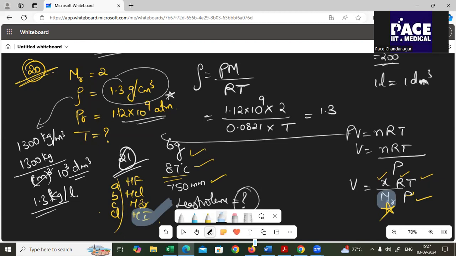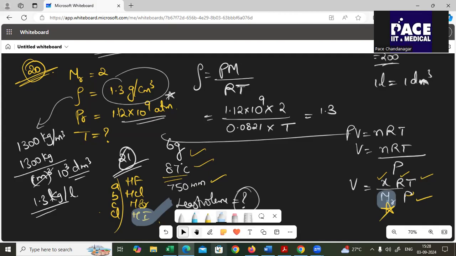HF, HCl, HBr, HI are all halides, and as you come down the group, the mass increases. So iodine mass is more, so HI has the least volume.